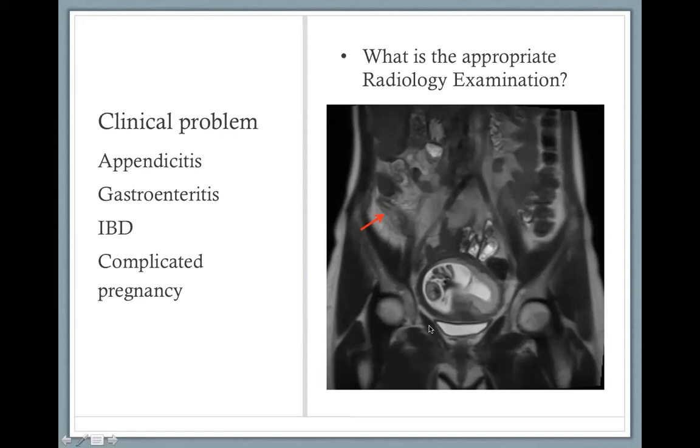So use landmarks. This is the urinary bladder. Fluid is bright, so that's T2. This is the uterus. And in the uterus, we have fluid surrounding the baby. So that's bright, so that's also T2. So that would be your landmark, really.